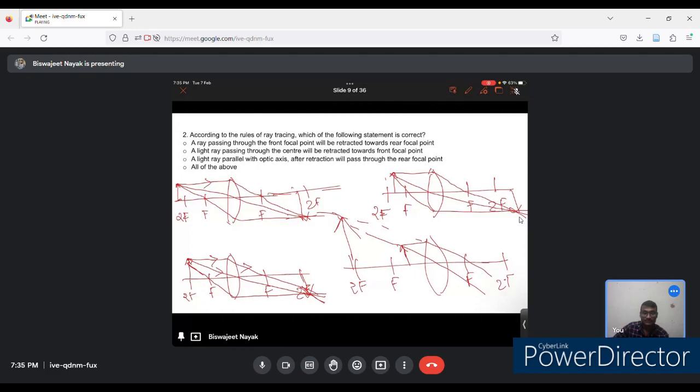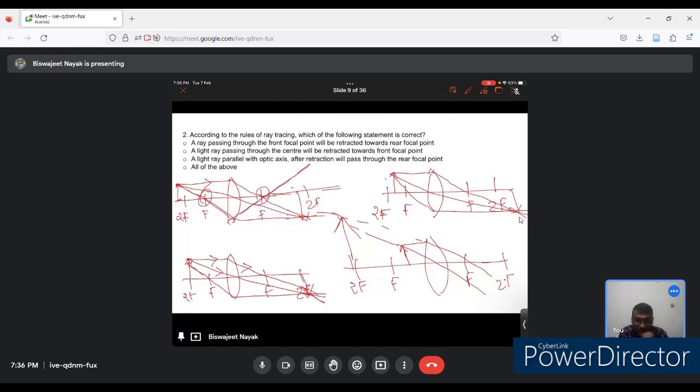So the first statement says a ray passing through the front focal point will be refracted towards the rear focal point. So it's not possible. This is the front focal point, and this is the rear focal point or back focal point. It's saying it goes this way. No, it will not. The light ray will not move like this.